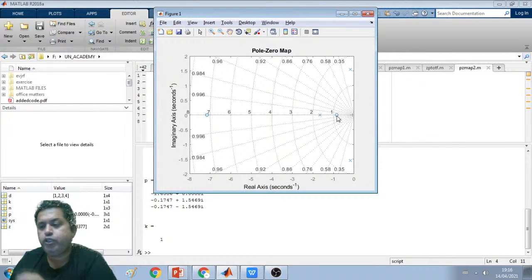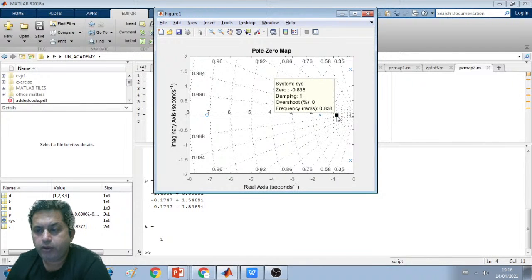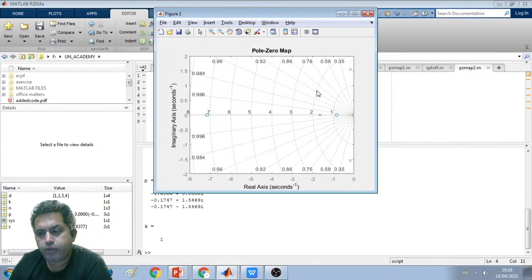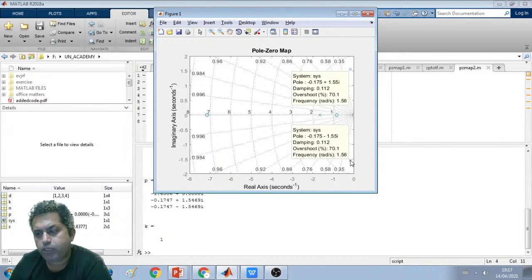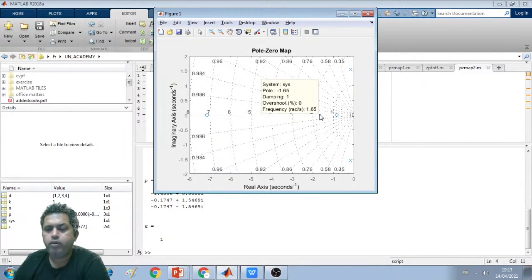So you can see one zero is here, the second zero is here. First pole, second pole a complex conjugate, and then a simple pole. So this is how you get the poles.